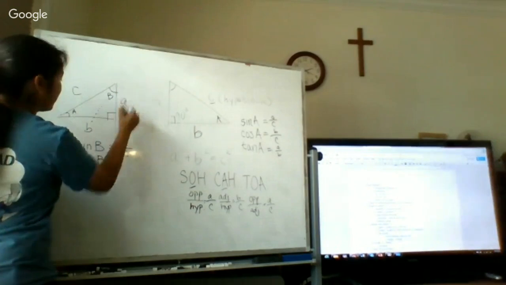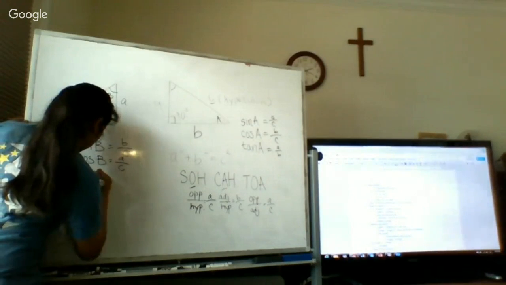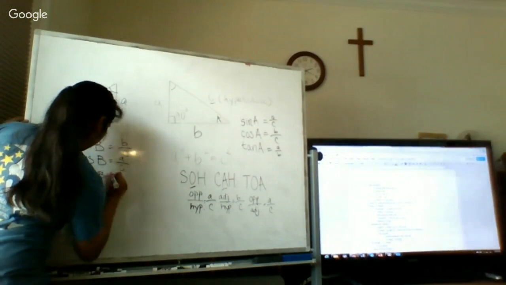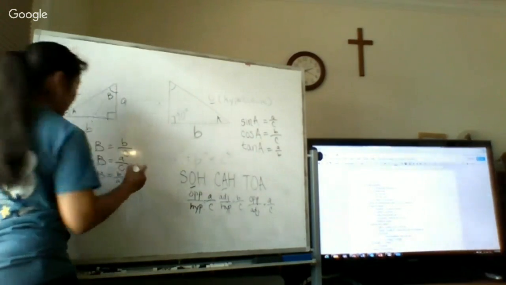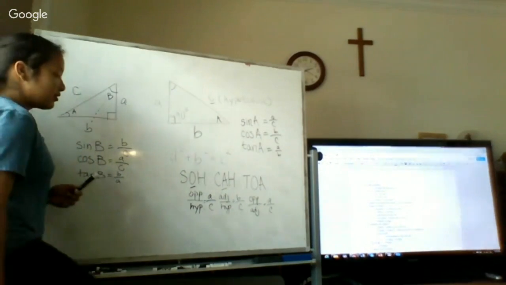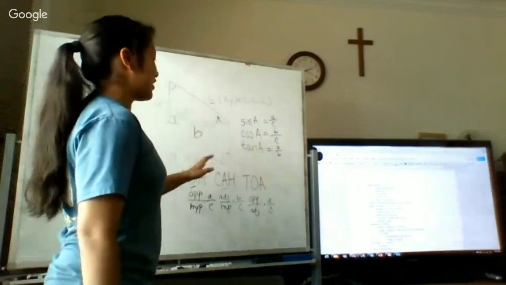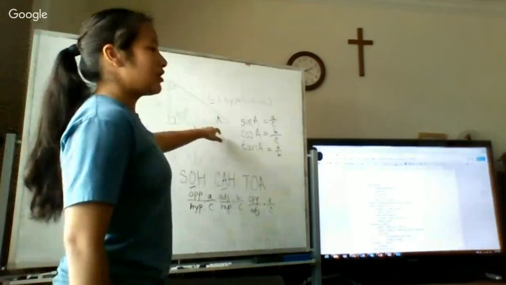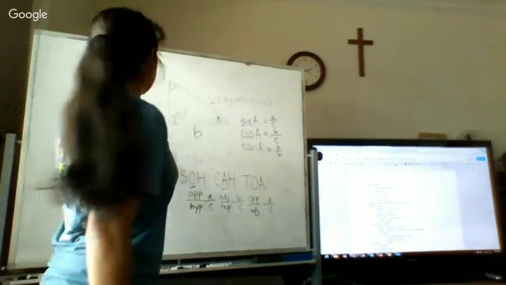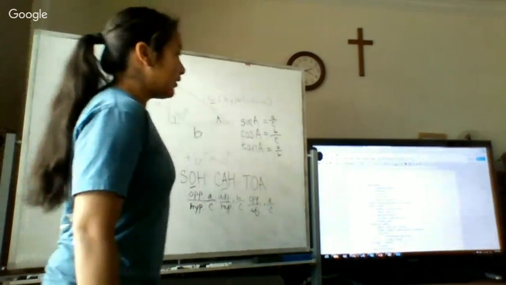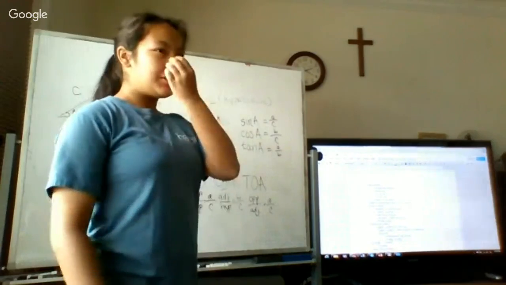So right next to it, A over C. And tangent of B is opposite over adjacent. So when we do sine, cosine, and tangent, you kind of have to be careful about which angle they're pointing out to you, because based on the different angles, there'll be different ratios. And then, yeah, any questions so far-ish?